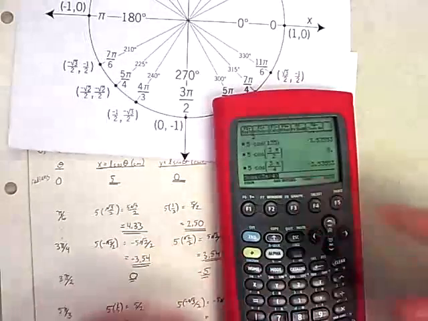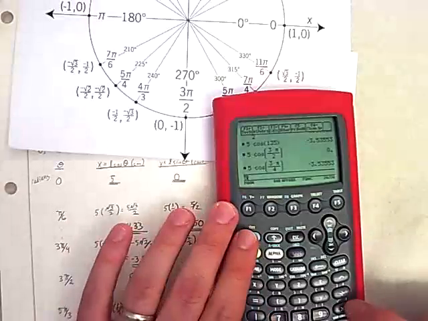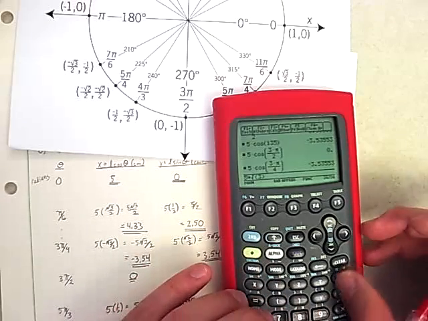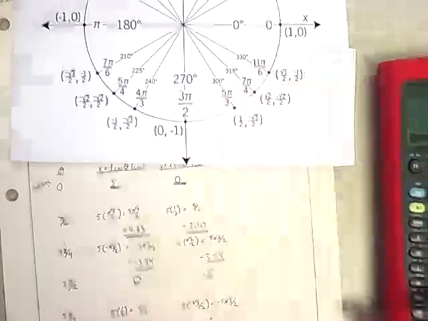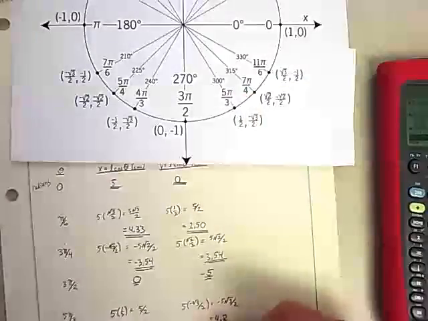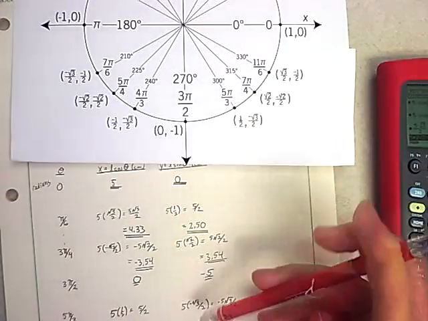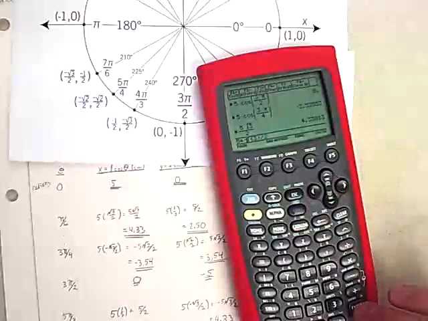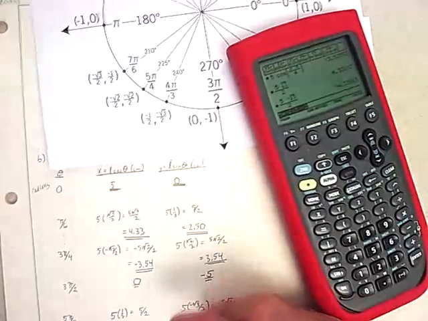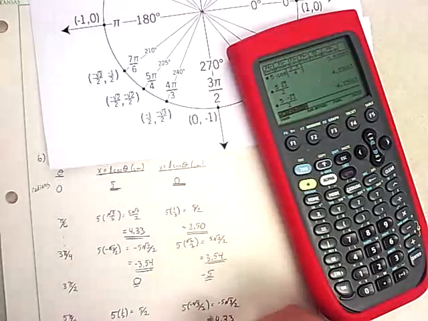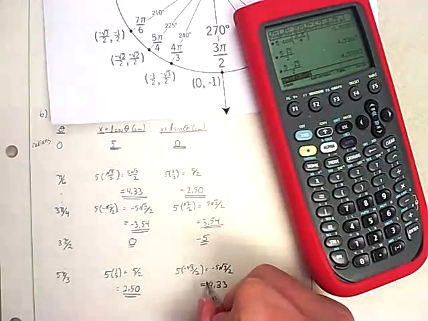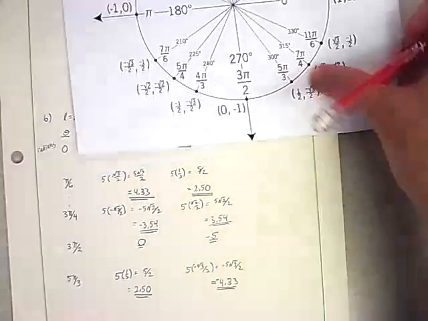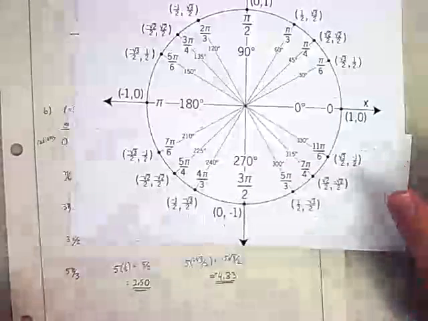I'm still in radians, but that doesn't matter for this part because I'm just going to multiply it times the square root of 3 divided by 2, which is 4.33. And I lost my sign because I did not put negative square root of 3 over 2. Of course, if I just think about that, I don't have to punch that in my calculator again. I just have to remember to write that negative sign in there, or it's going to be wrong. And not just partially wrong, all wrong. So that's something to keep in mind. All right, so that's part B.